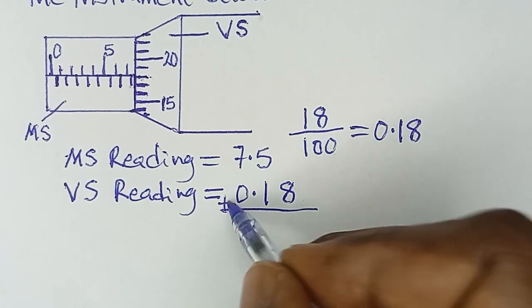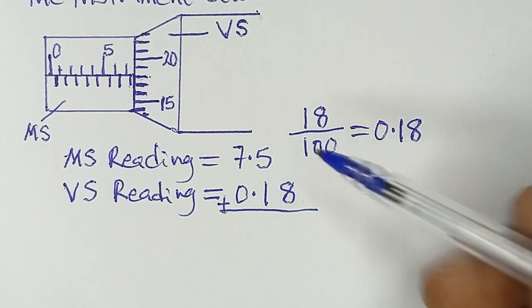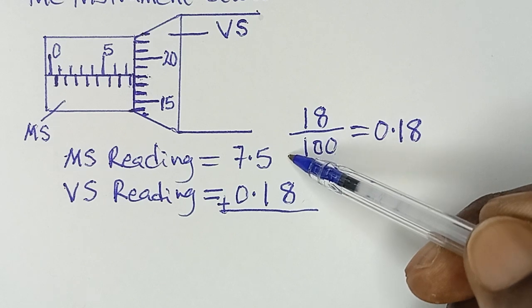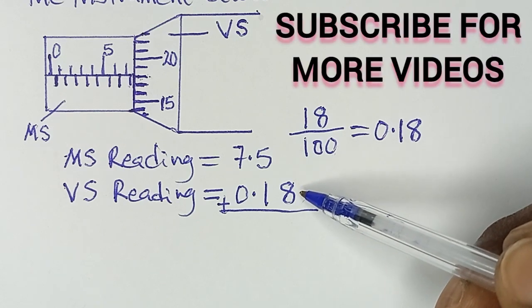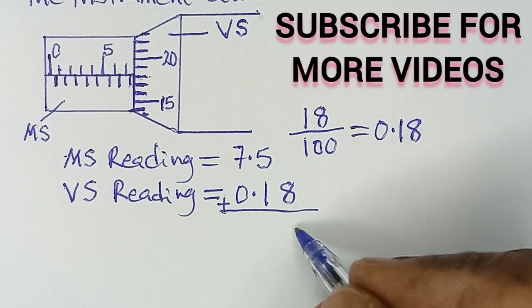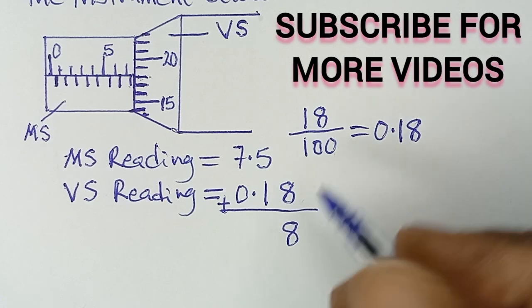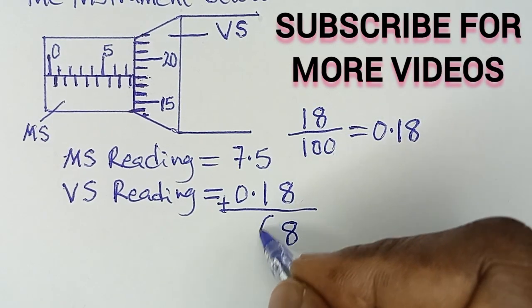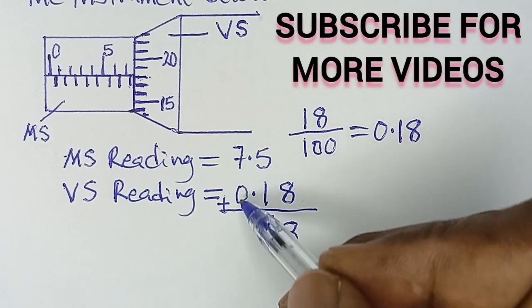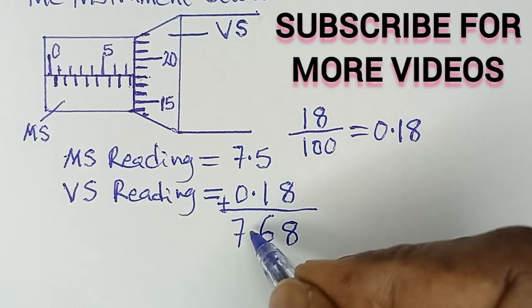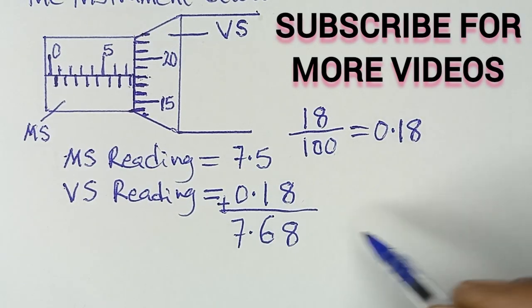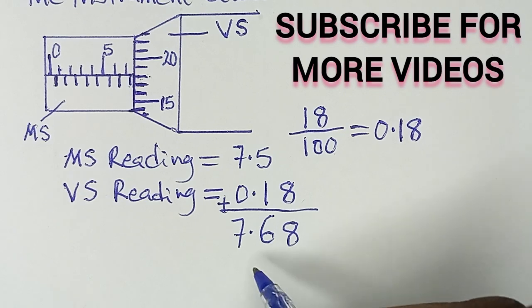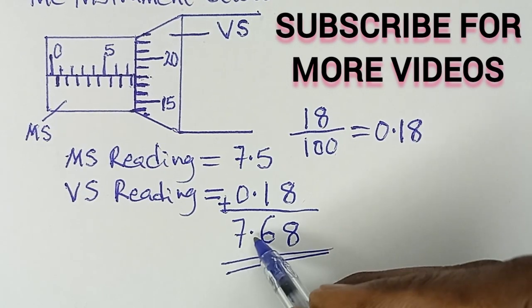So this is 0 here. 0 added to 8 will give us 8. And then this is 5 plus 1 and that will give us 6. And then 7 plus 0 remains 7. So we can see now that the reading of this instrument is 7.68.